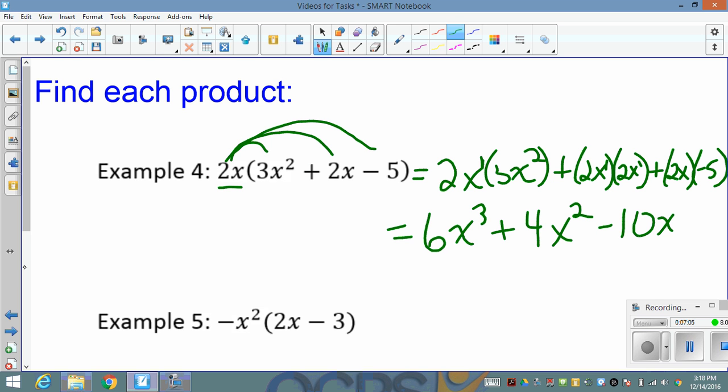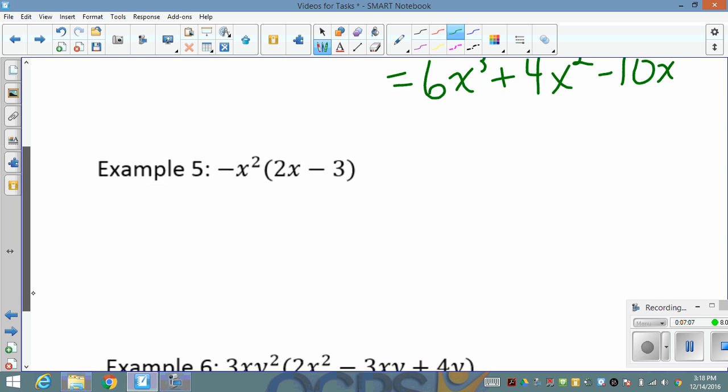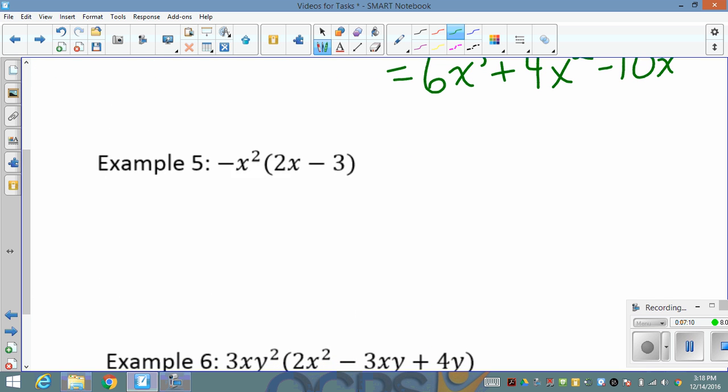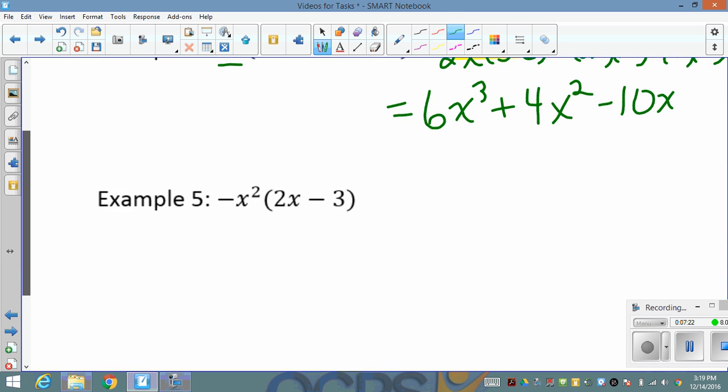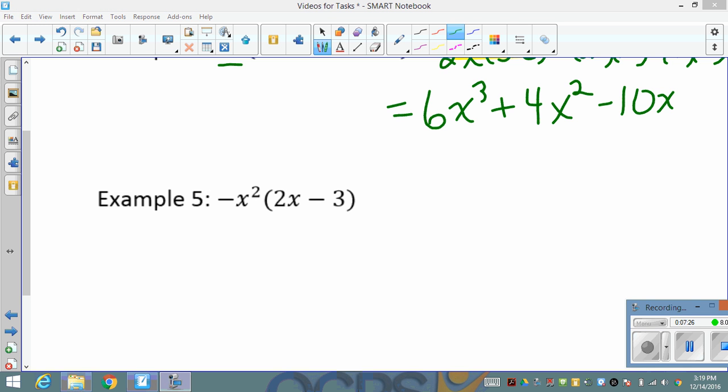Moving right along to example 5. I am distributing a negative x squared. I'm going to try to skip this middle step here this time. If it confuses you, ask me to work individually with you, but I'm going to try and skip that one. And really, rather than saying skip it, I should say I'm going to do it in my head.